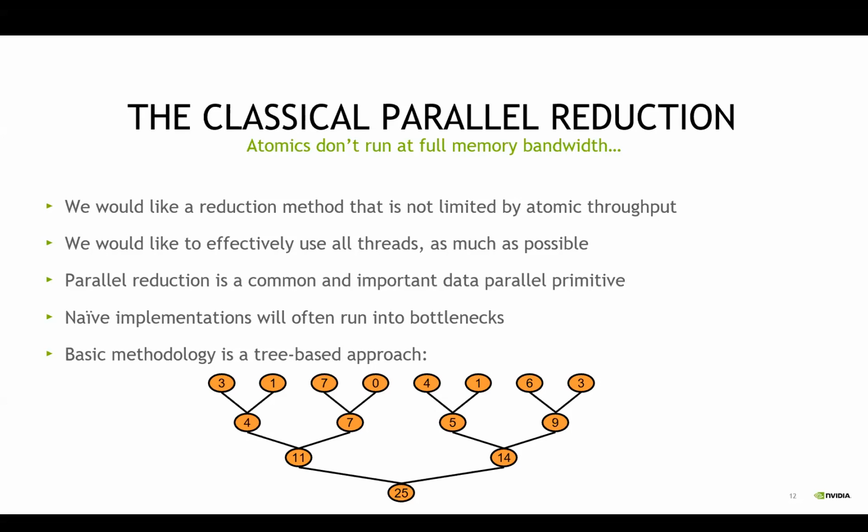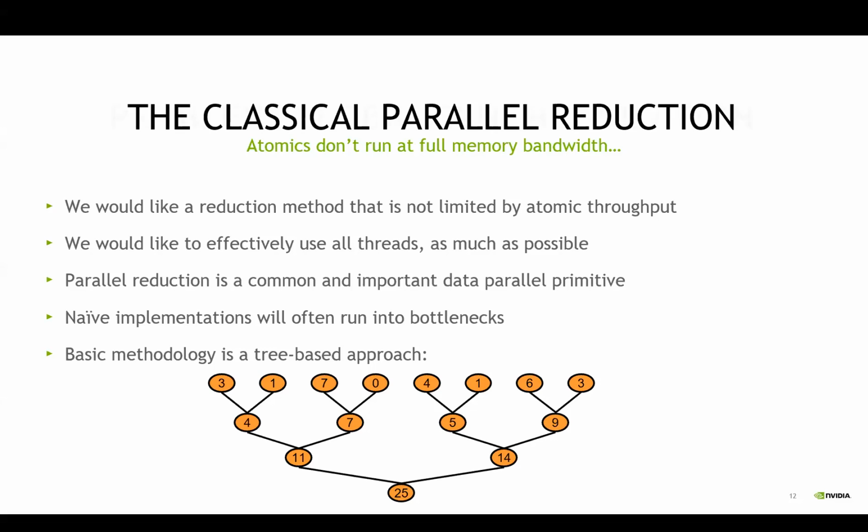We're collapsing the tree to smaller and smaller numbers of partial sums in this case. But we can partition this tree horizontally as well. We can take the first set of values on the left-hand side and assign that to a thread block. We can take the next set of values and assign that to another thread block, the next set of values as we move to the right to another thread block, and so on. That's what I mean by horizontal decomposition of the tree.